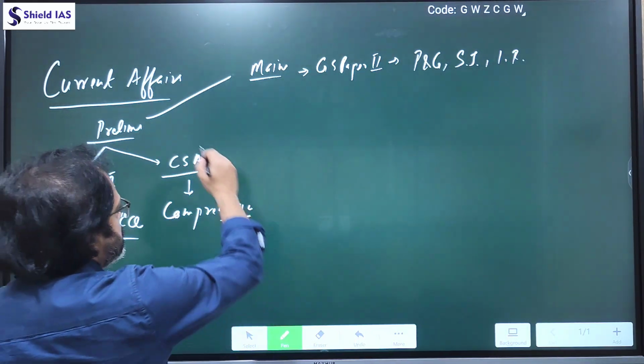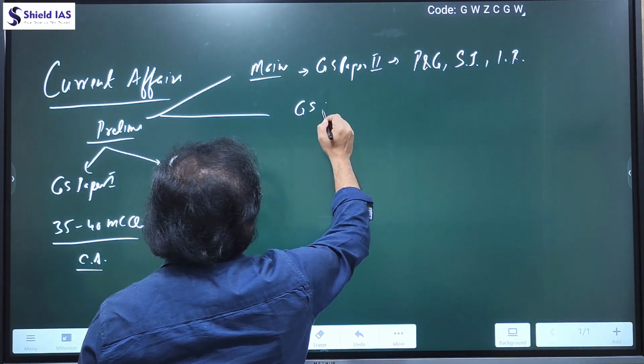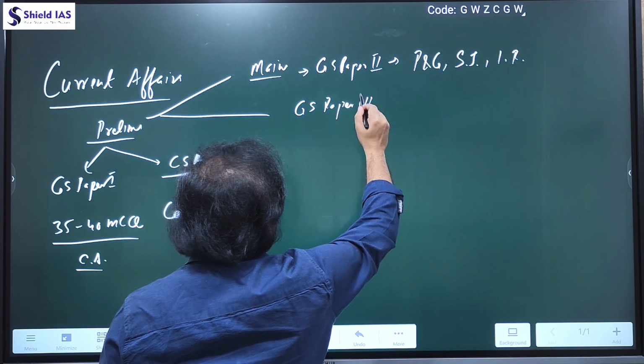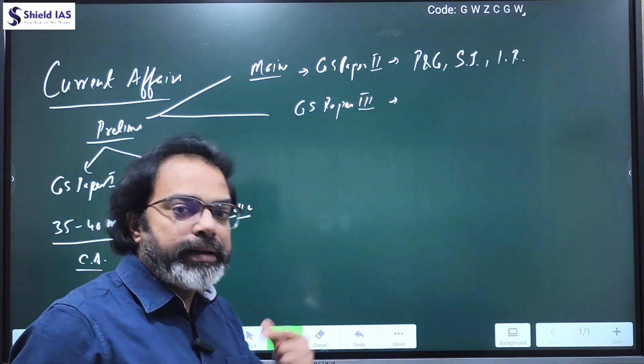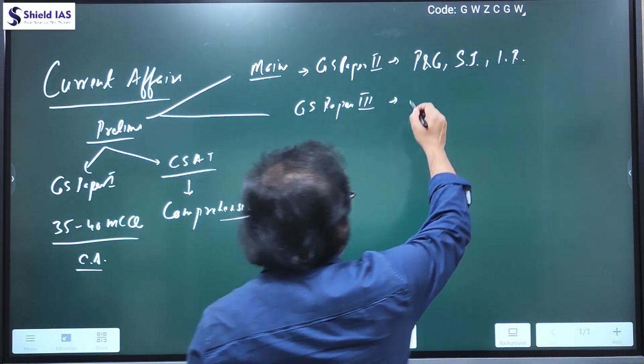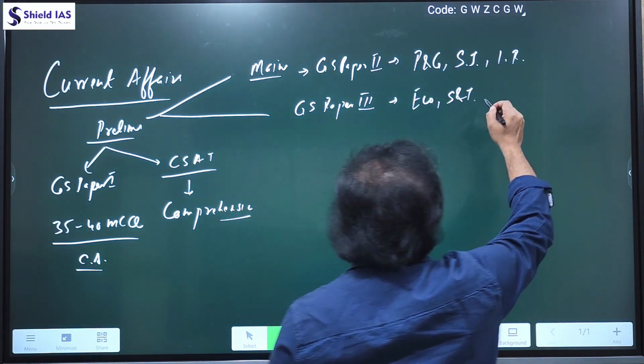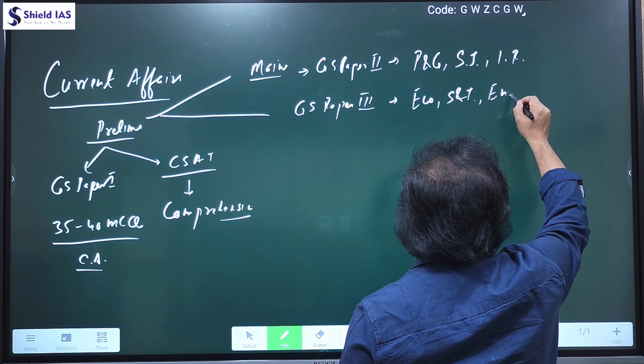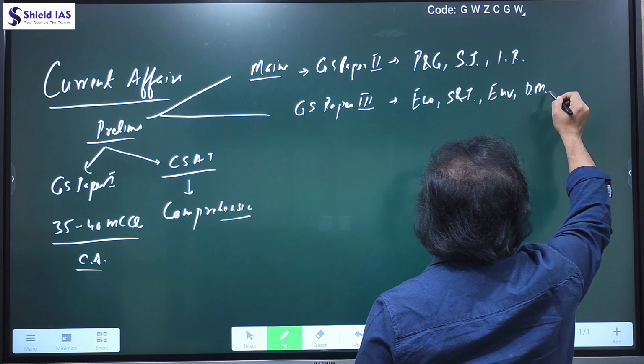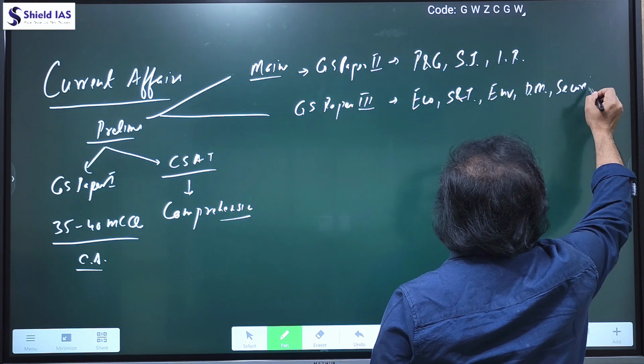Now when we talk about GS paper 3, the portions directly impacted by current affairs are the economy, science and tech, environment, disaster management, security.